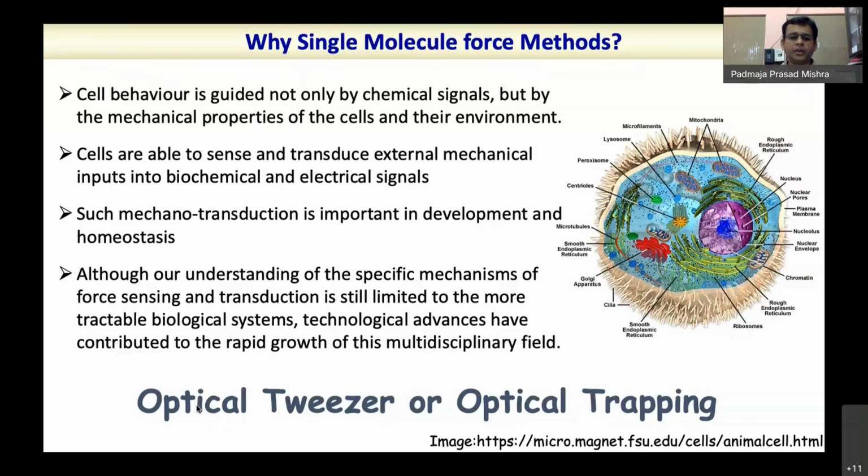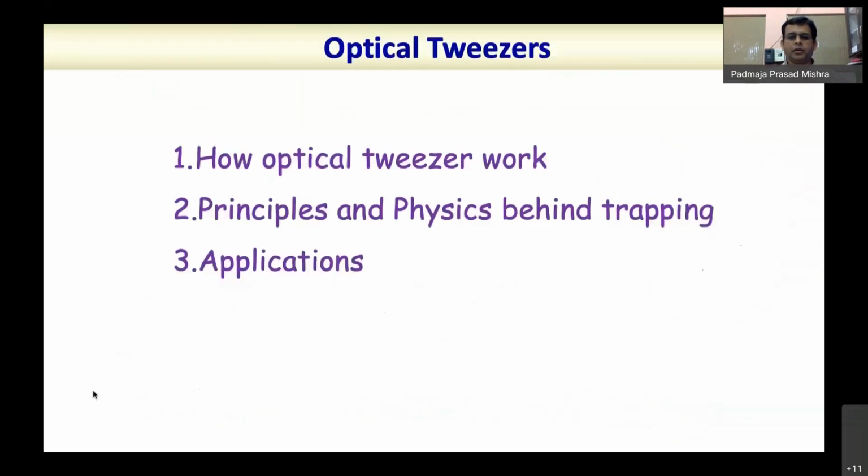The very first concept of optical tweezer came to Professor Arthur Ashkin, who actually gave this name optical tweezer. And in this particular lecture, we'll learn how optical tweezer works, the principle and physics behind trapping, and the applications of optical tweezer.